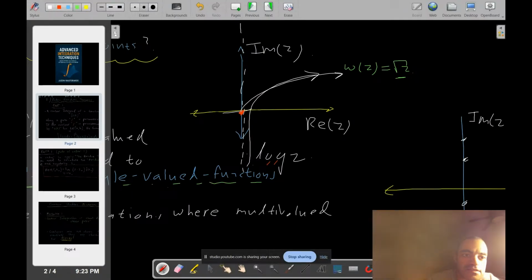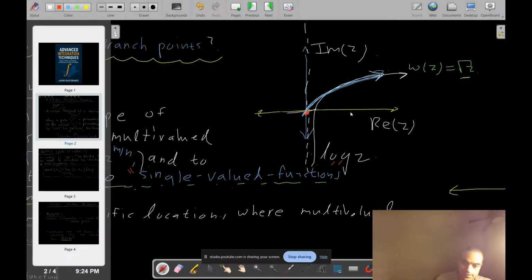Maybe I'm going to highlight this as the red curve. No, let's use blue because it's overlapping. This blue curve here is for root z, which is w of z, highlighted in green, equal to root z. But there's a branch point at the location 0. That's an example of exactly what a branch point is.